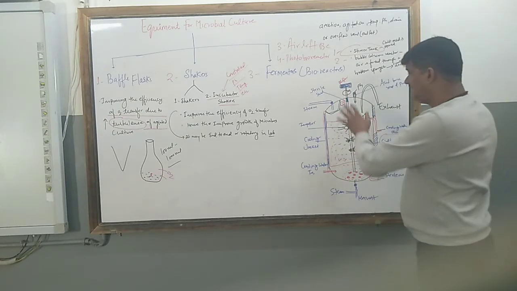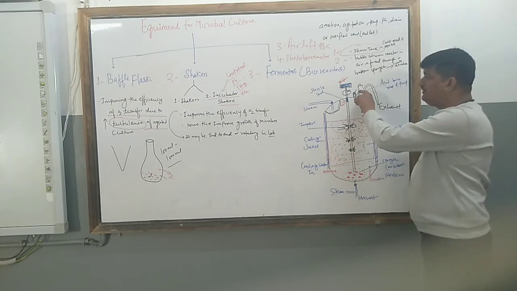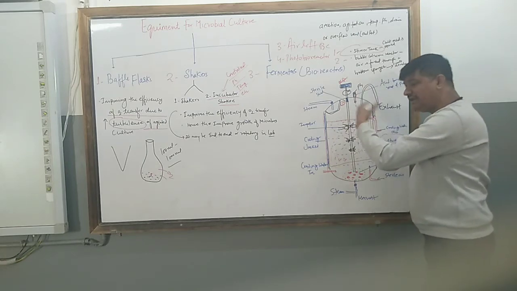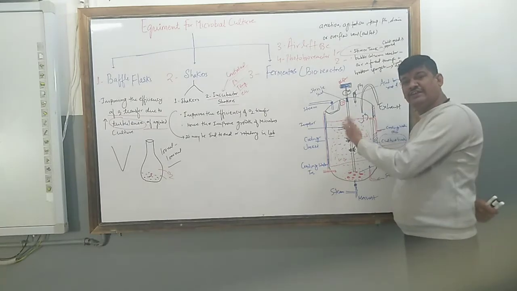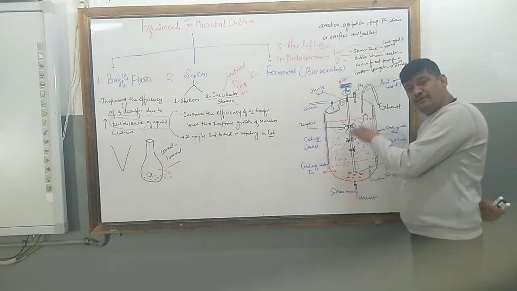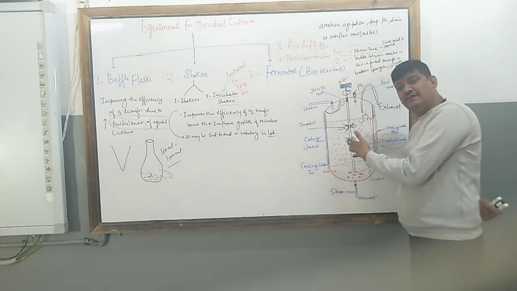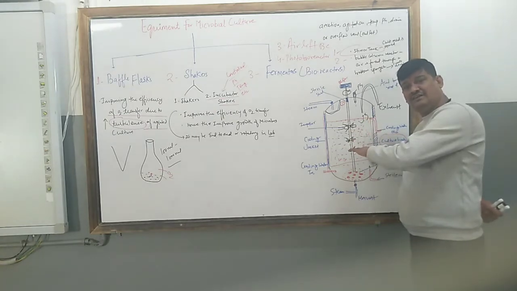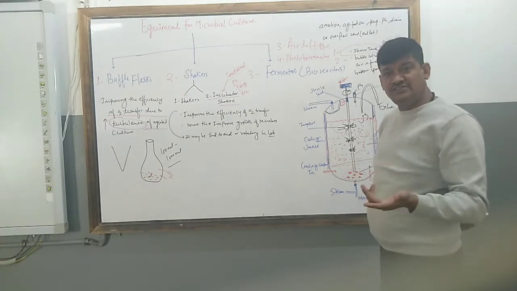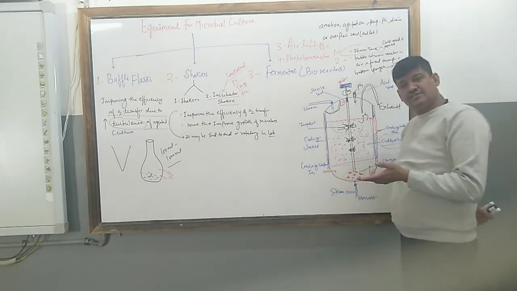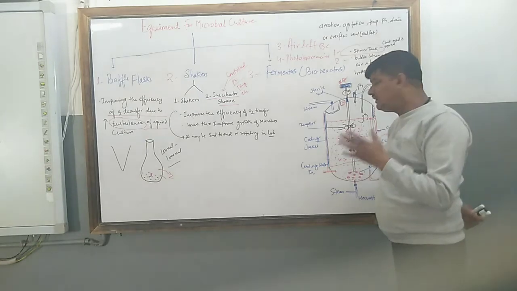Apart from that, it has controlled pH. Whenever bacterial growth takes place and the product is formed, some metabolites are there which alter the pH of the medium, and when the pH of the medium is changed, the quality and the production of the product will also decrease.